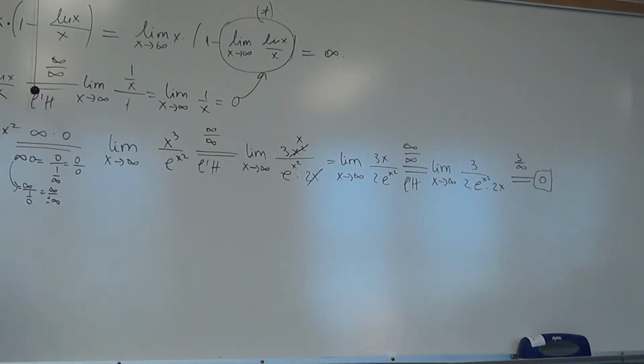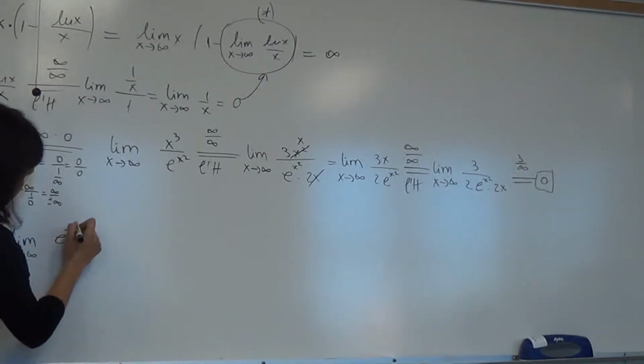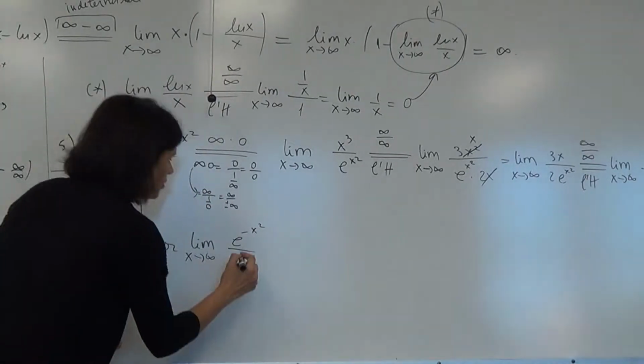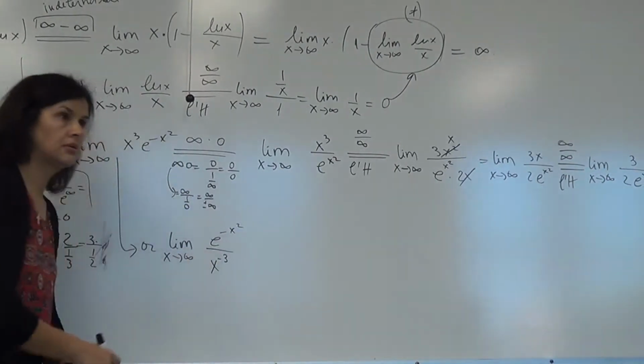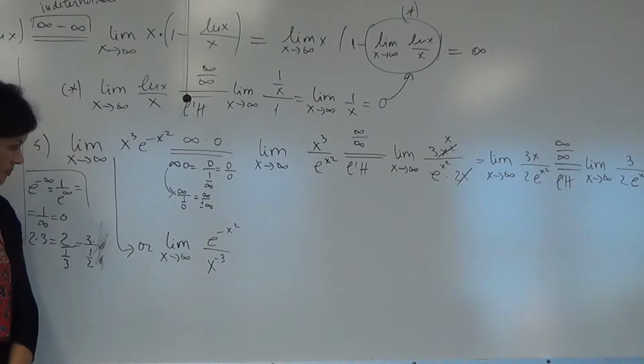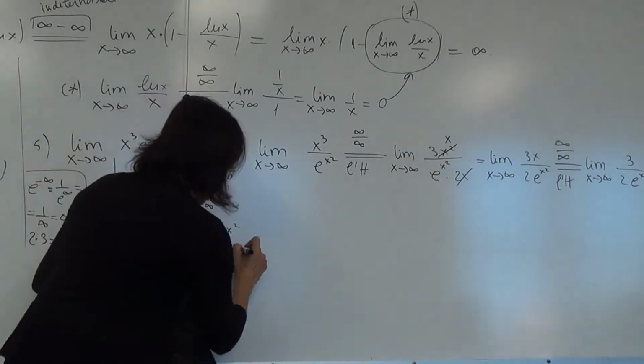So that is the final answer, or you can try to bring x cubed to the denominator. Limit of x going to infinity of e to negative x squared, and this one here will be x to negative 3. And check the limit.